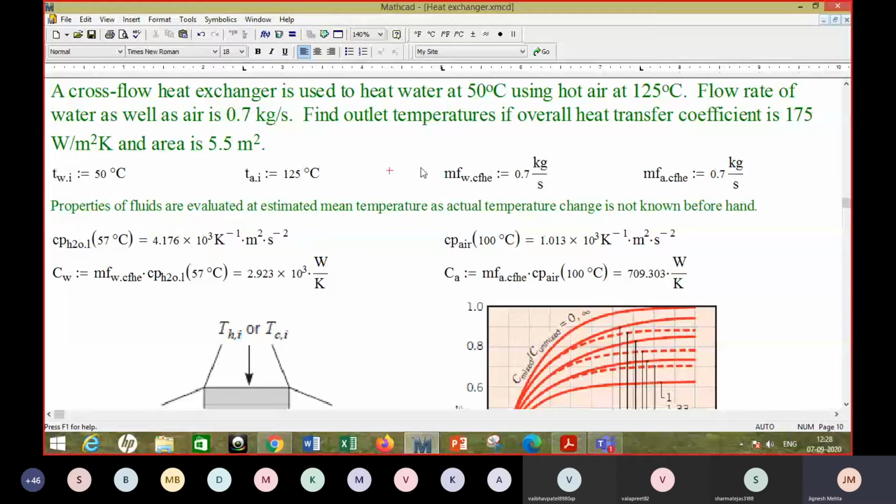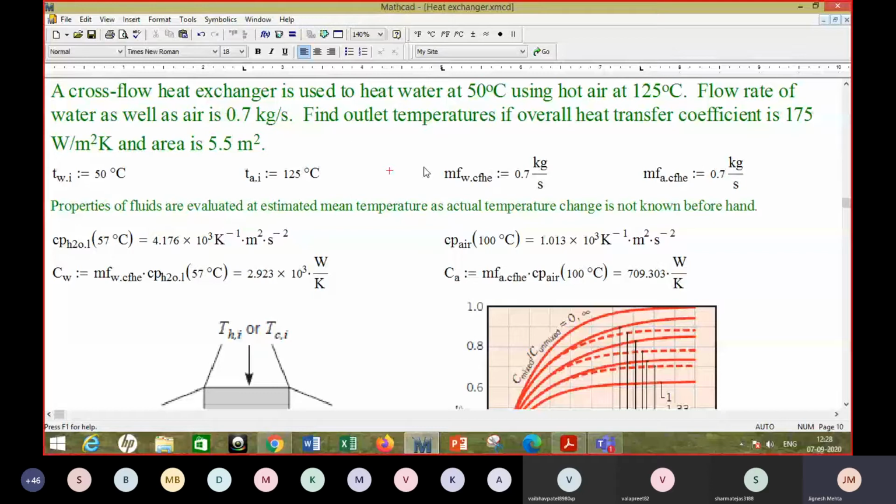So what you know is only the inlet temperatures and the flow rates, and all details of a particular heat exchanger. Then what you may do is find out the outlet temperatures, right?